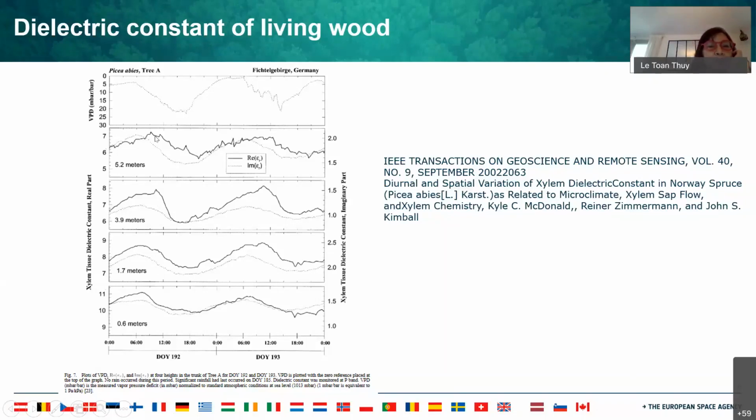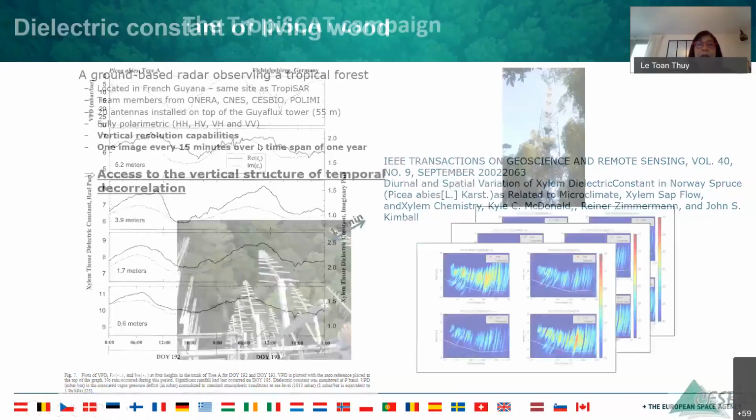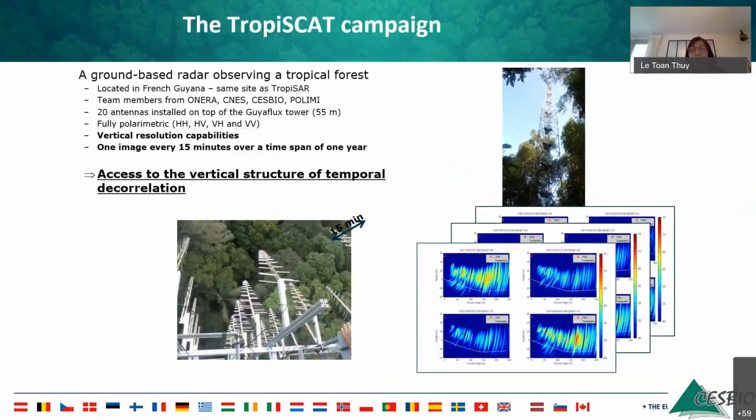For example, here the maximum dielectric constant is about 12 o'clock, and the minimum here is around midnight, you see, in the daily cycle. And that's what we are doing with the campaign in the tropical forest.